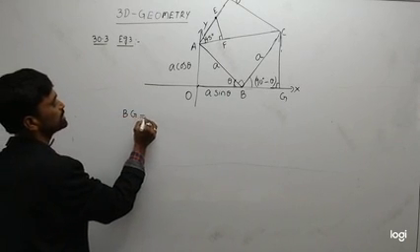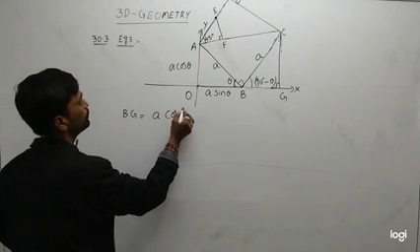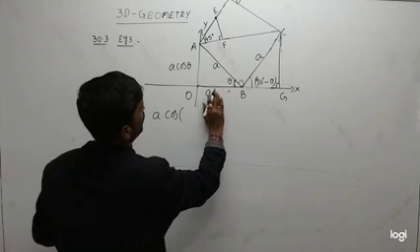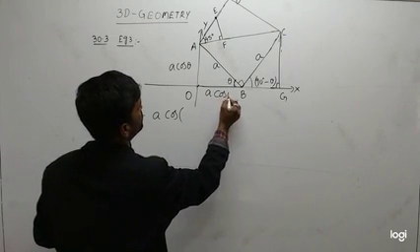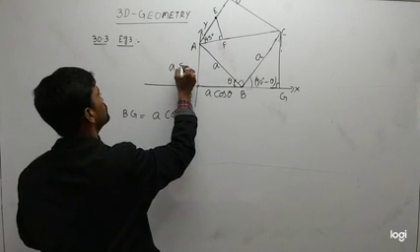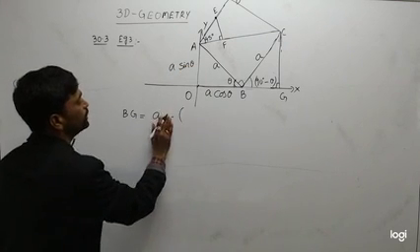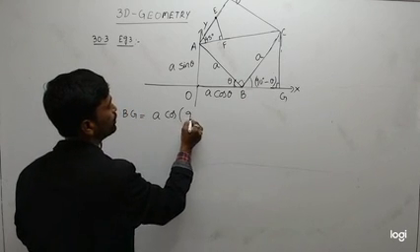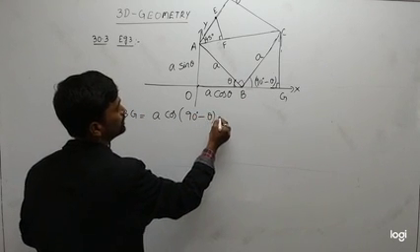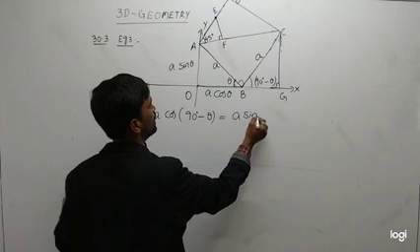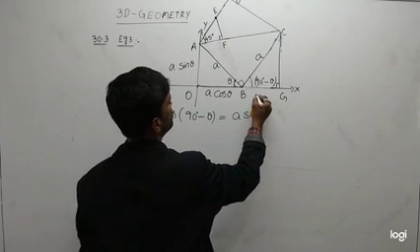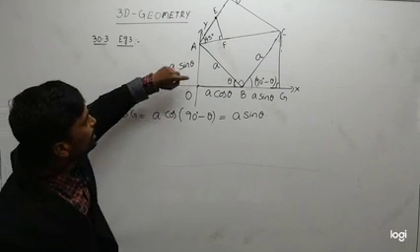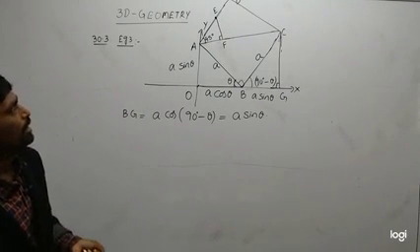No, I did it wrong. Here the adjacent side is A cos theta, the opposite side is A sin theta. So here the adjacent side becomes A cos of the angle, and instead of theta we have 90 minus theta. So cos of 90 minus theta is sin theta. So this BC length becomes A sin theta. Now this OA length is A sin theta.